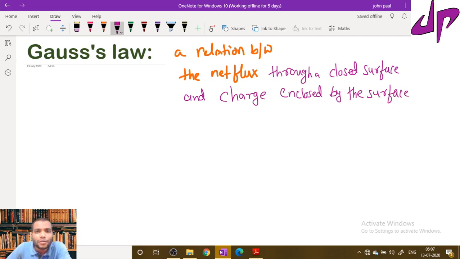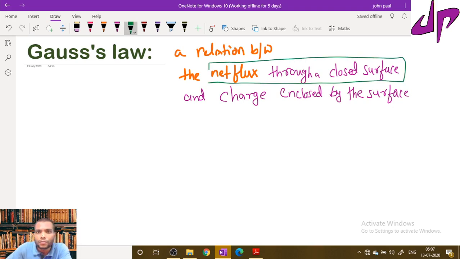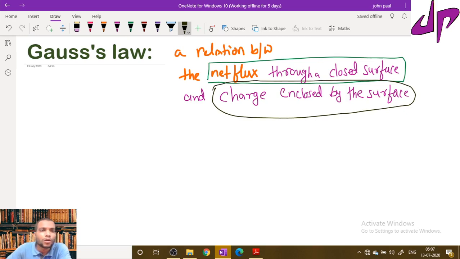Here, the relation between the net flux through a closed surface and the charge enclosed by the surface. So Gauss's law gives the relationship between these two concepts.